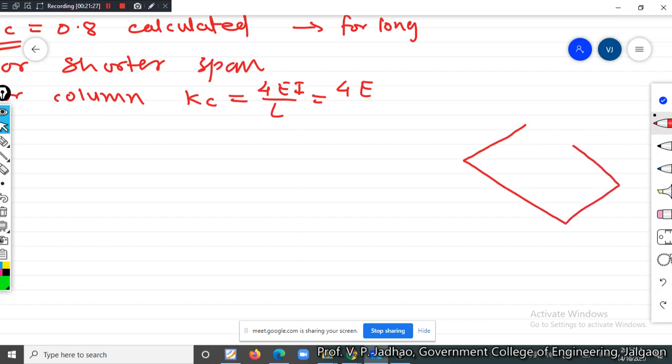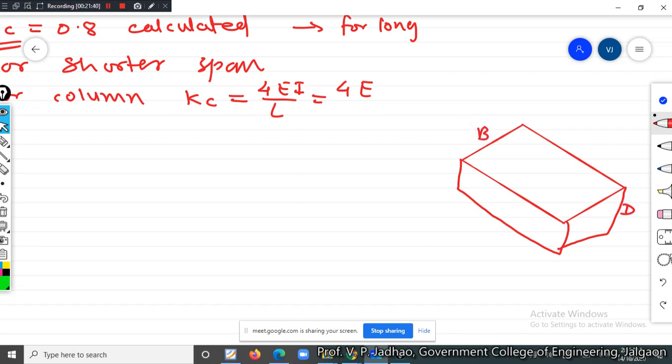Okay, this is our slab panel. Let us consider this is our slab panel, this is our depth. This is the width or shorter span, that is 4500 mm. This is your length, that is equal to 6000.